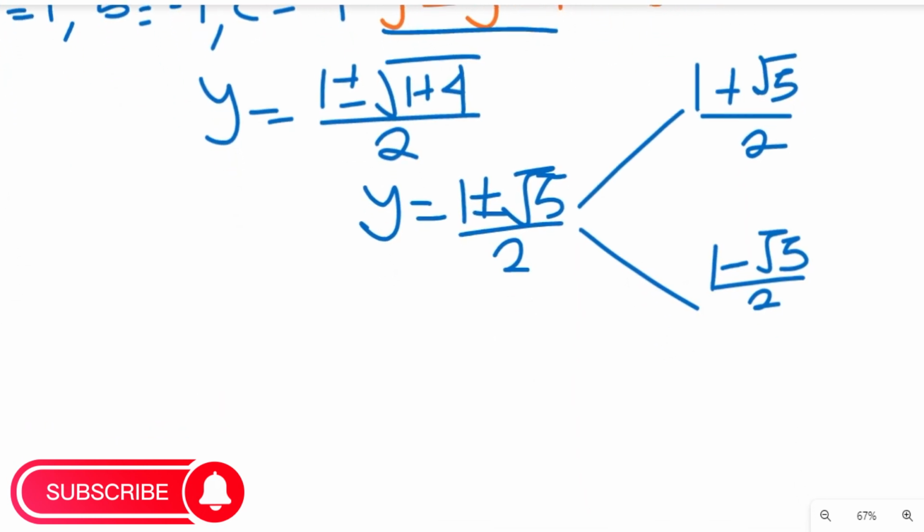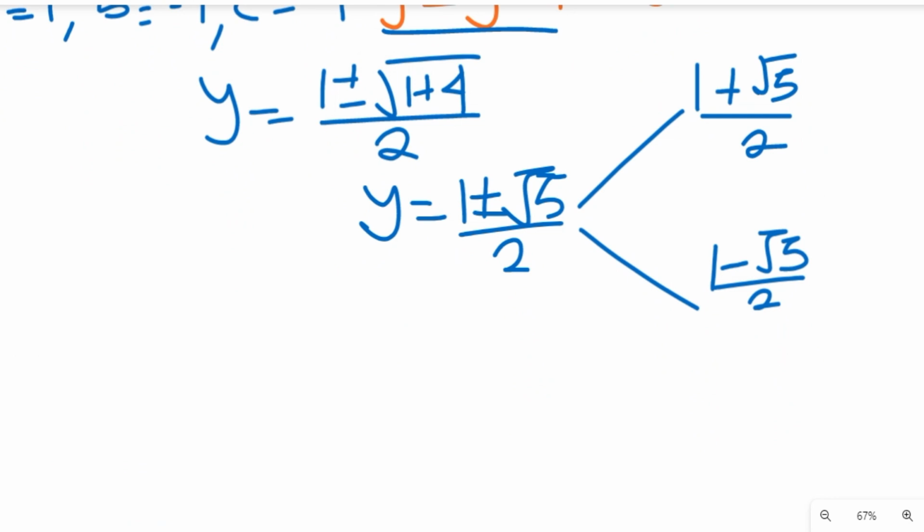Now, this is a golden root. Now, we're going to look at these two solutions. If you look at these two solutions properly, you'll come to see that root 5 definitely is greater than 1. And so that means if you solve this, you're going to have a negative value.